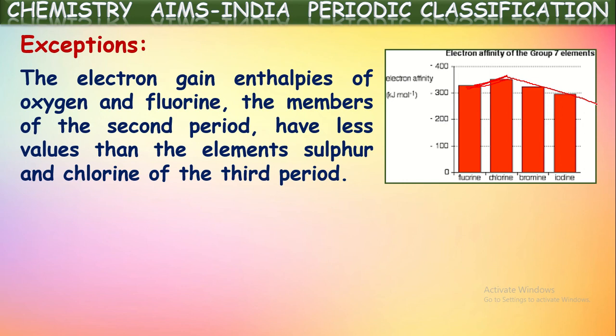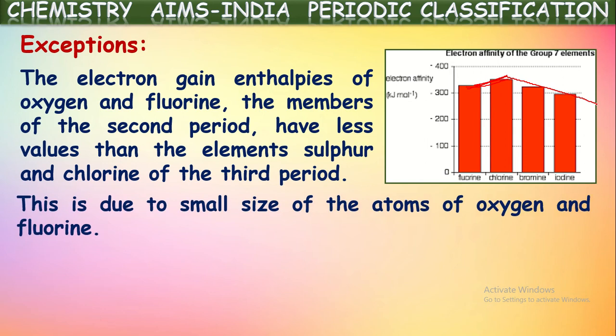So, why is it so? Why is the third period element chlorine having greater electron affinity than the second period element fluorine among the seventh A group elements? Let us see the reason for that. This is due to the small size of atoms of second period elements, those are oxygen and fluorine.